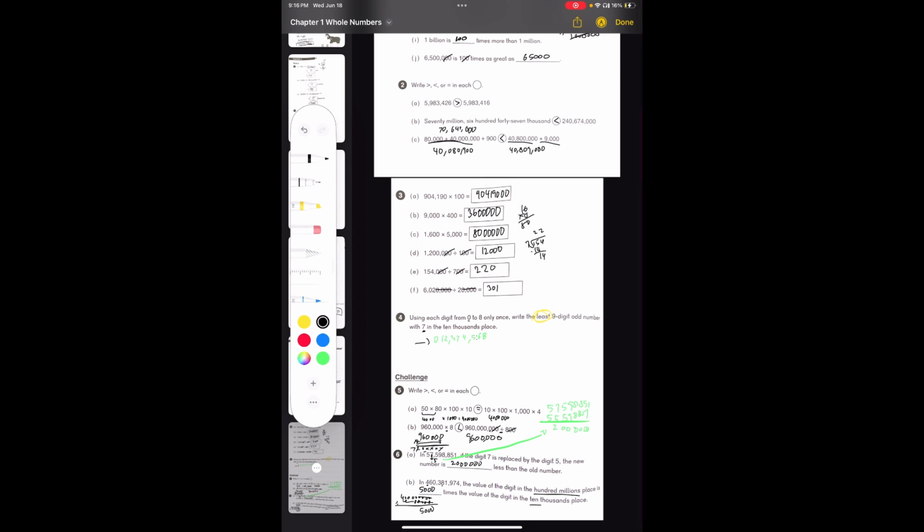So basically, if you're using each digit from 0 to 8 without any restrictions, then obviously the smallest answer is all zeros and the largest answer is all 8s. But we do have restrictions.